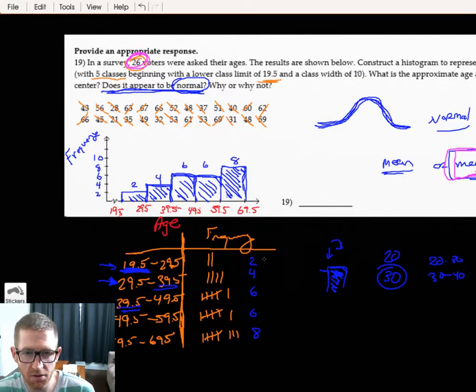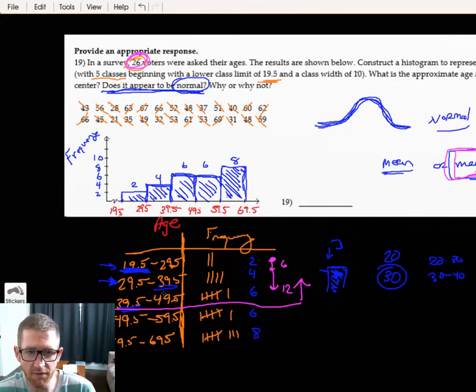I'm going to start at the low end: there's 2, 2 plus 4 is 6, 6 plus 6 is 12. So 12 of the votes are all right here, basically between 20 and 49.